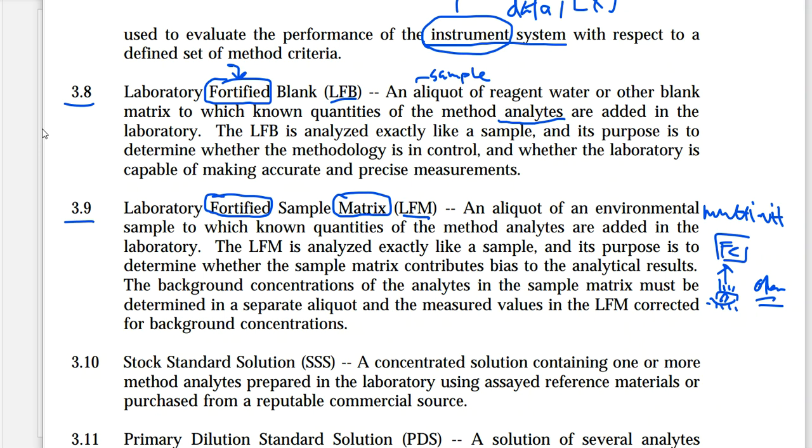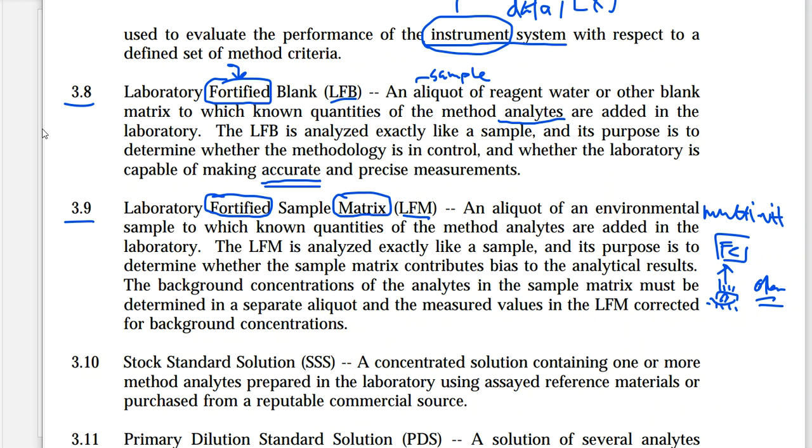So this seems like we're taking a blank and we're adding stuff to it. The LFB is analyzed exactly like a sample, and its purpose is to determine whether the methodology is in control and whether the laboratory is capable of making accurate and precise measurements, with accuracy being the most important piece here. All right, so that's an LFB. I'll explain that in just a minute.